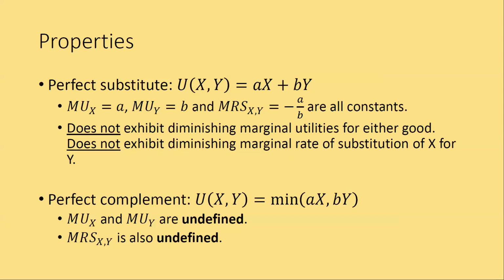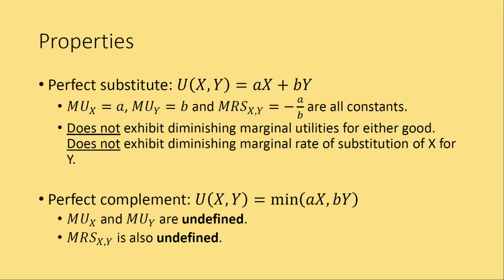The marginal rate of substitution, which is the negative of MUx divided by MUy, is going to be negative a divided by b. And all those are constants. So perfect substitute utility functions do not exhibit diminishing marginal utilities for both goods. They also do not exhibit diminishing marginal rate of substitution of x for y. They have constant marginal utilities for both goods, and also a constant marginal rate of substitution of one good for the other.